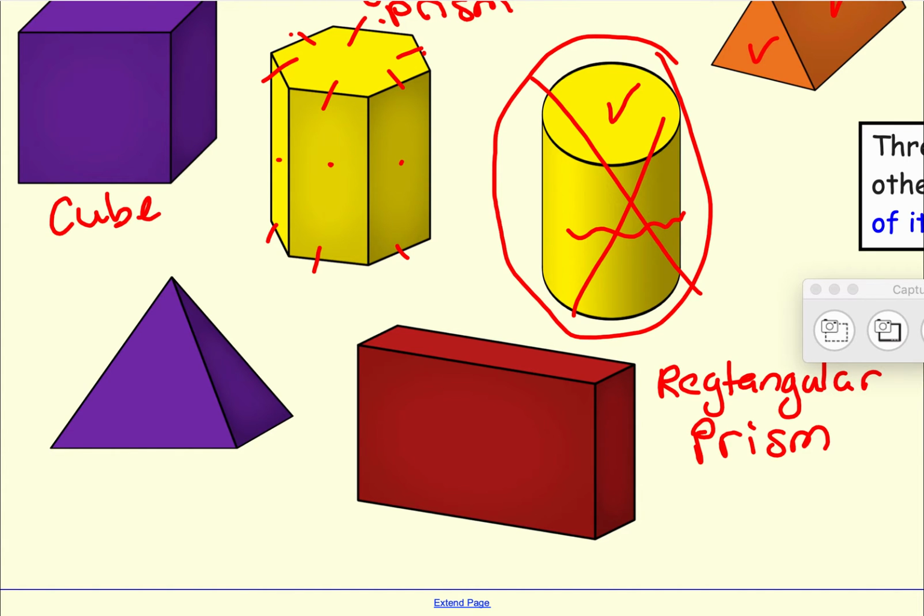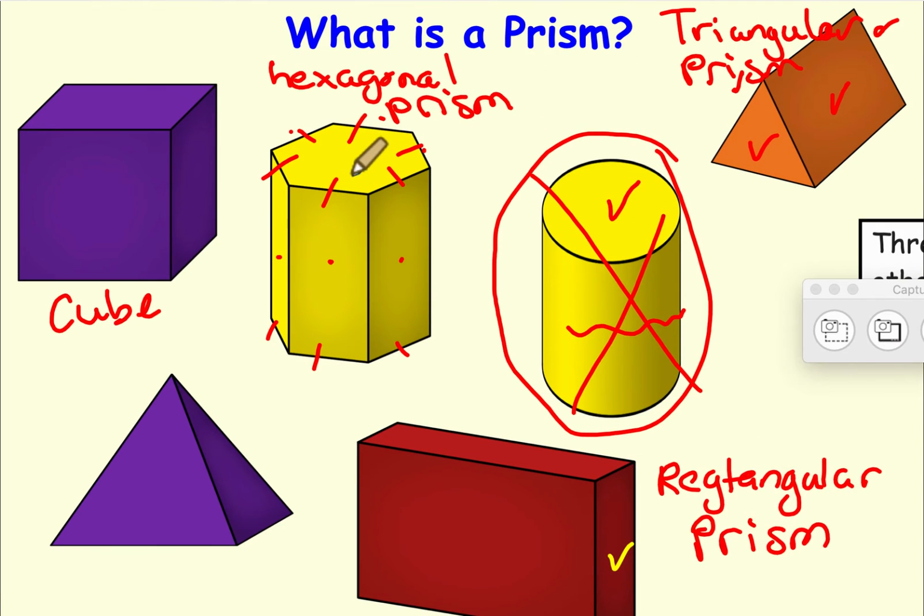You can use this side as the base and its opposite side as the other base, or you could use these two sides, or the other two pairs of rectangles. That's because since all the sides are rectangles, it doesn't matter which two sides are your bases. But it does matter if you have a hexagonal prism or a triangular prism.